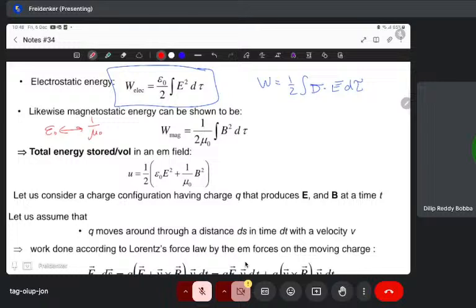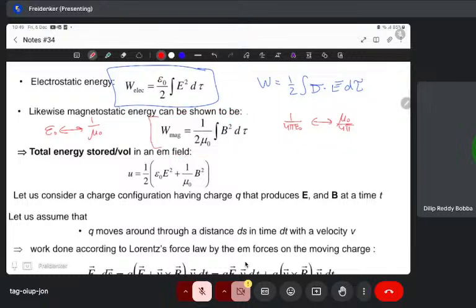Even in Coulomb's law you have 1 by 4 pi epsilon naught, but in Biot-Savart's law you have mu naught by 4 pi. So they're opposite to each other. So instead of epsilon naught by 2, you have 1 by mu naught here. We will not see what will happen if this is in a dielectric. We'll just get on with this.